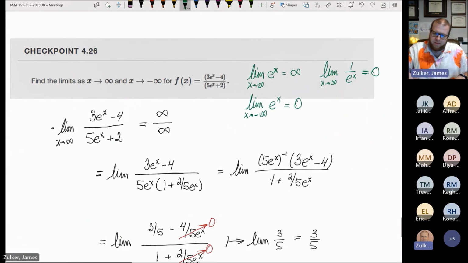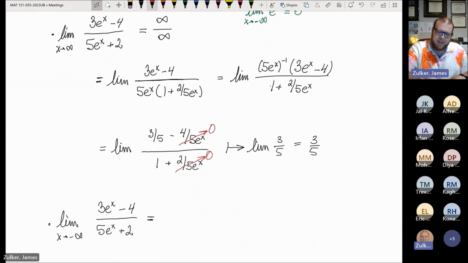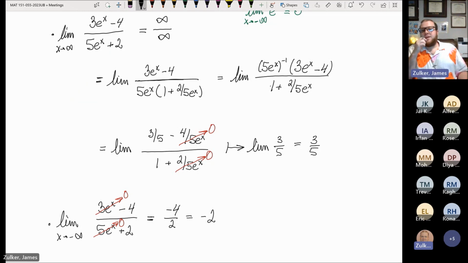Well, doesn't that mean that those two terms go to 0 right off the bat? Left with negative 4 over 2, which is just negative 2. See that?